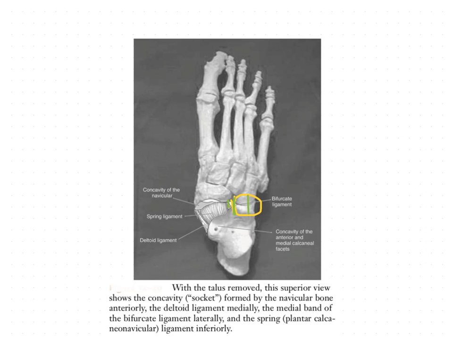Dorsally, it is supported by the dorsal calcaneo-cuboid ligament, and inferiorly, on the plantar aspect, by the plantar calcaneo-cuboid ligament. This plantar calcaneo-cuboid ligament has short and long plantar ligaments.